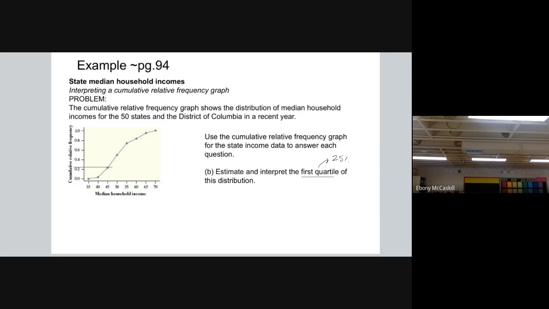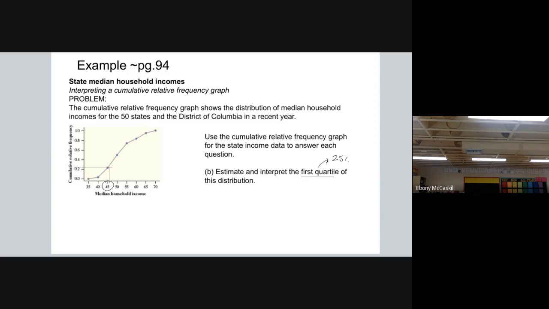So I'm going to go right out here. Please forgive my lines. I want to make sure they were straight, but they're not perfect. So I would therefore say that my household median income is probably about $45,000.